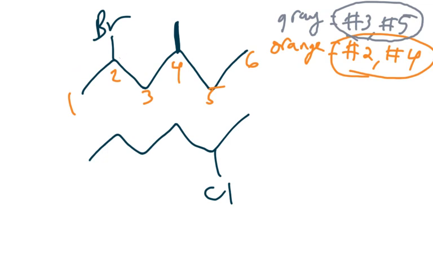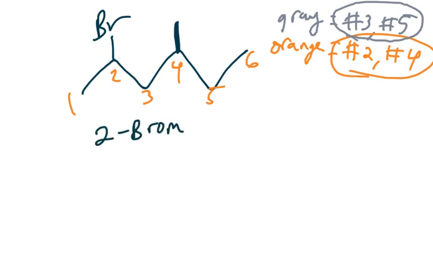From here it's easy because now you have to keep in mind alphabetical order. Let's erase this for now; we'll go to this example next. It's the same thing, and once we get down this example, we'll know that too. But you have to focus on alphabetical order now. What do we have? We have a 2-bromo, and we also have a 4-methyl.